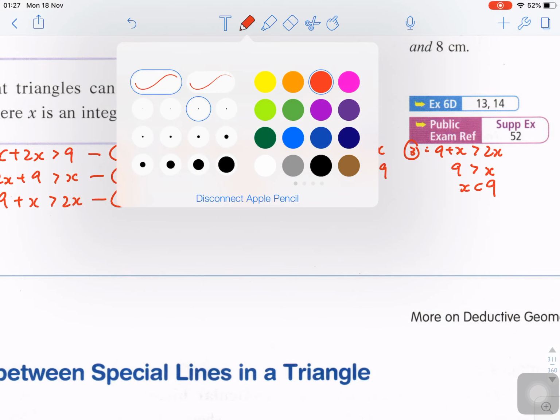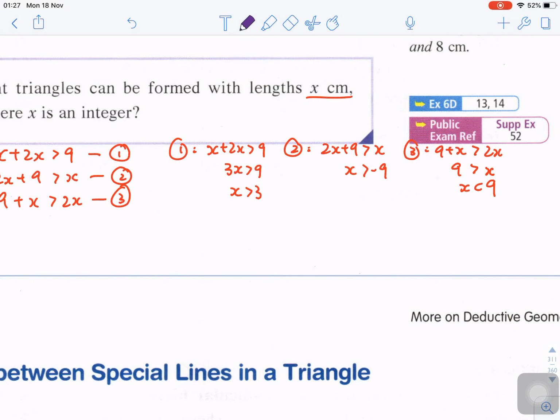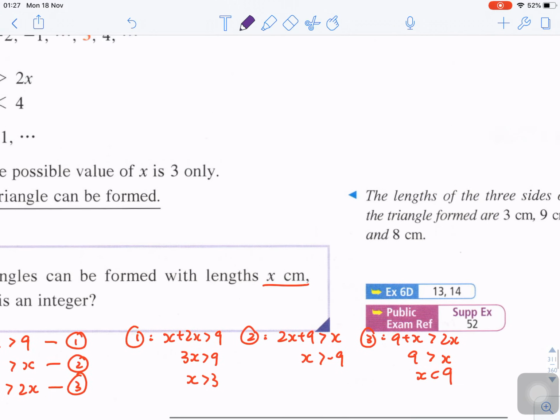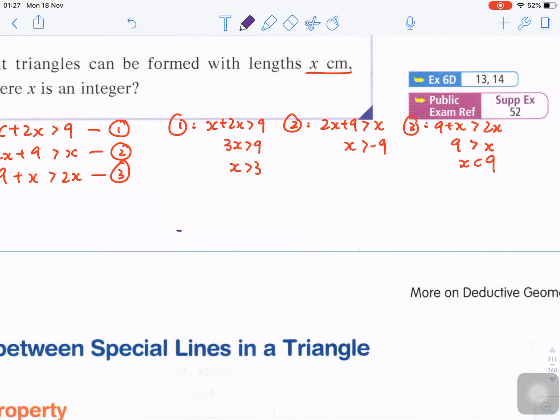Now I'll teach you something more enrichment, related to the graphical solution of compound inequalities. We have these three different inequalities. Let's show them on the number line. x is larger than negative 9, larger than 3, and less than 9.